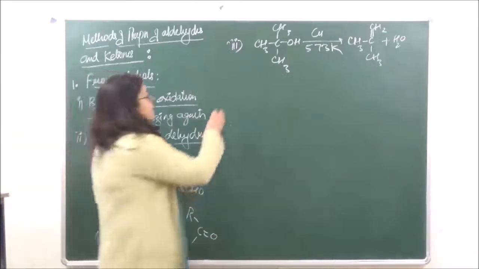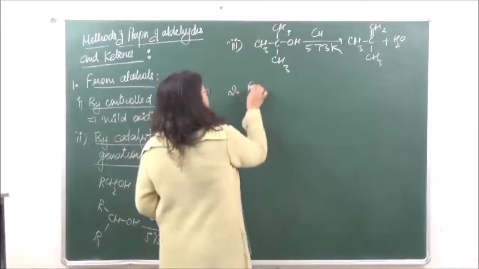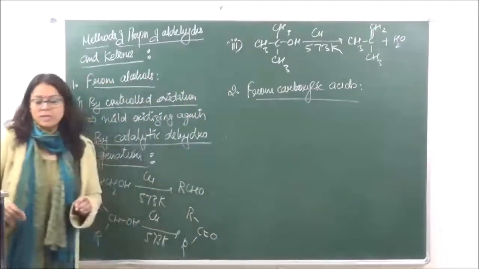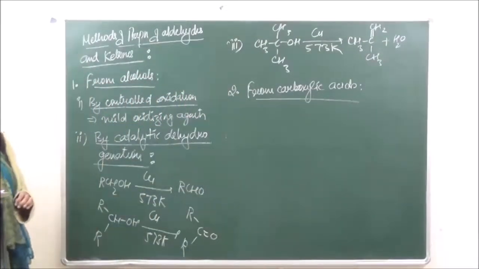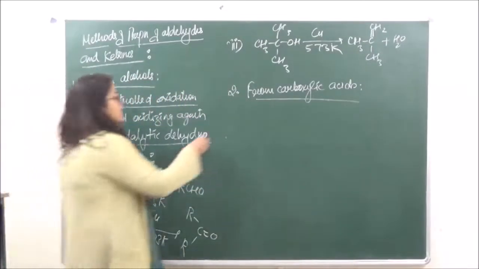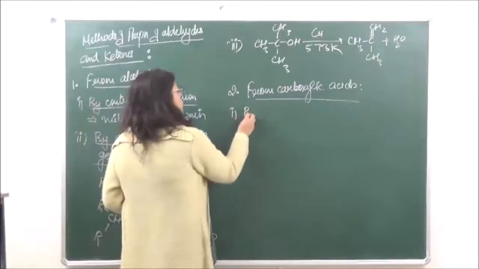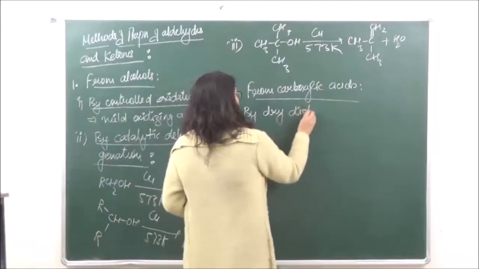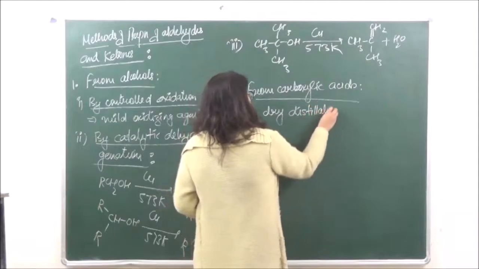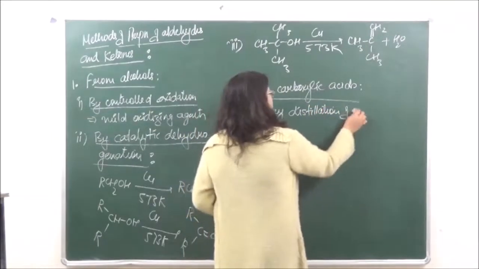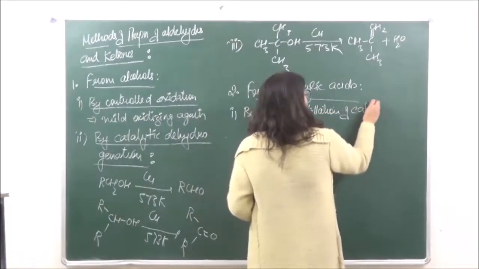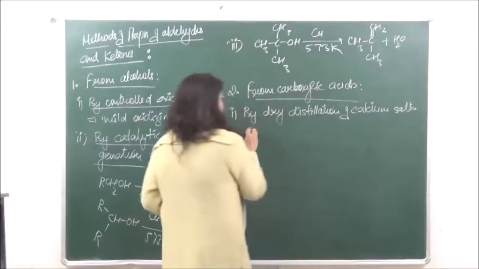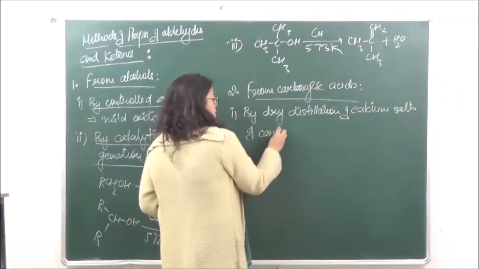The second method is from carboxylic acids. Now the first method from carboxylic acid is by dry distillation of calcium salts of carboxylic acids.